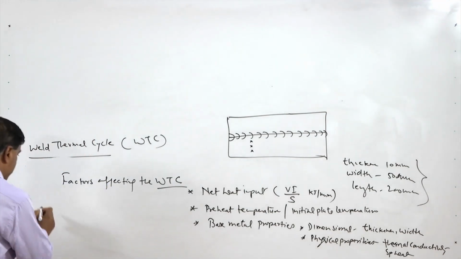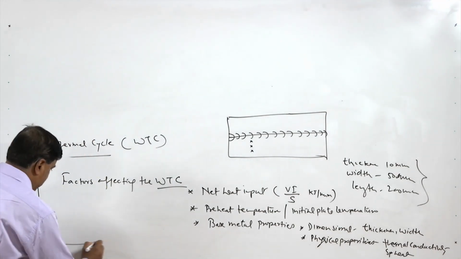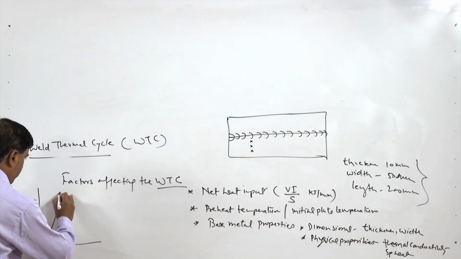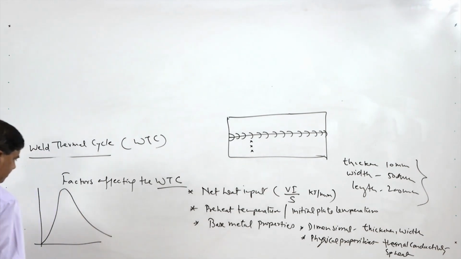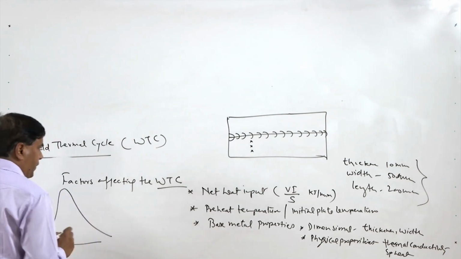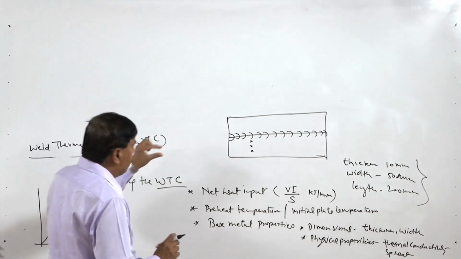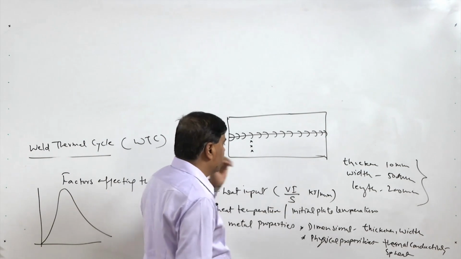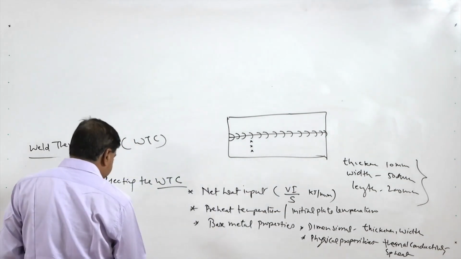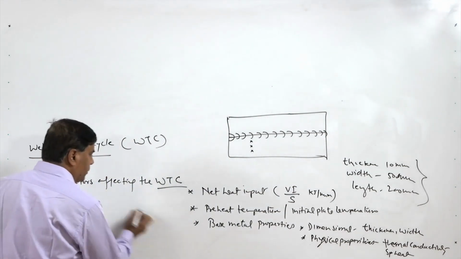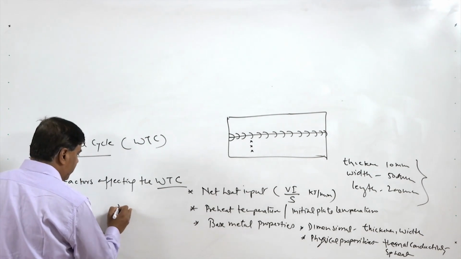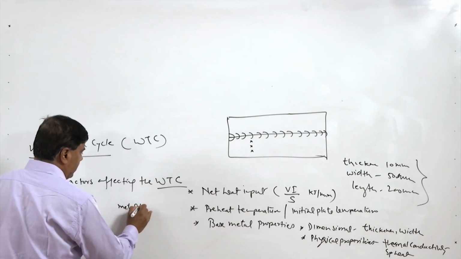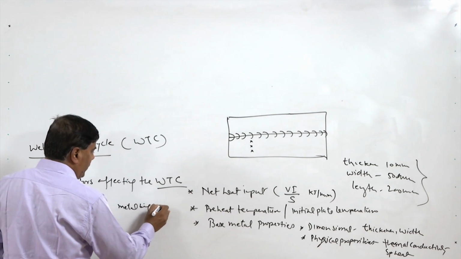Say the weld thermal cycle goes like this, for one particular point it goes like this. So, the net heat input being delivered depends upon the metal being welded.